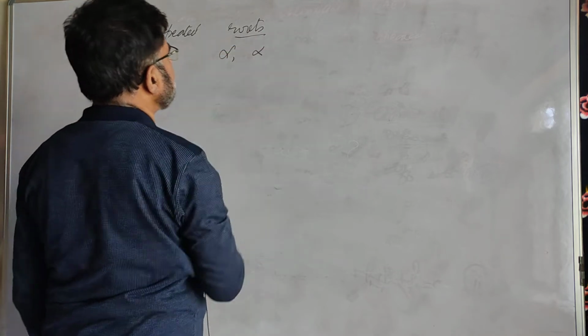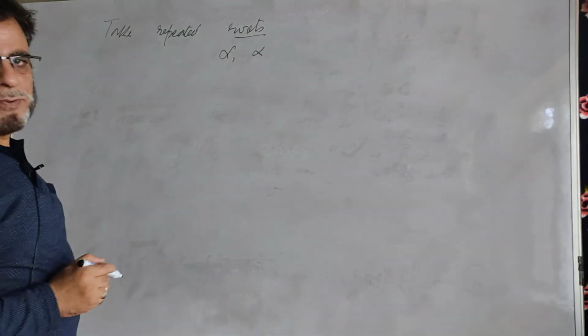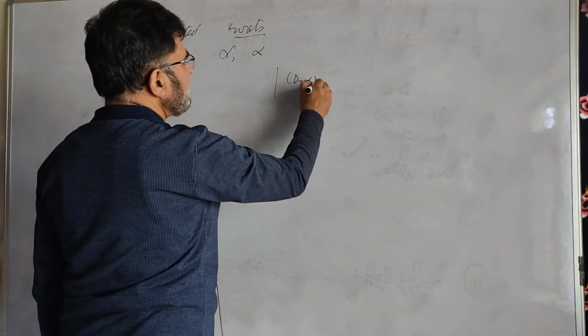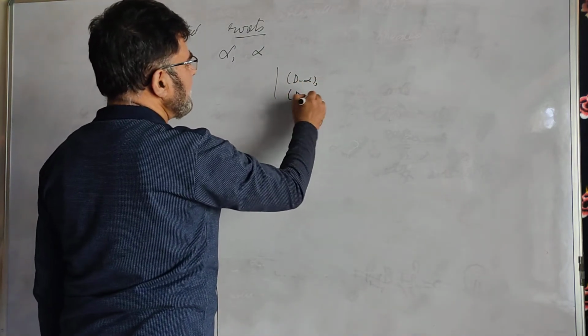Alpha, alpha. When you take repeated roots, that means one factor is D minus alpha, the second is D minus alpha.